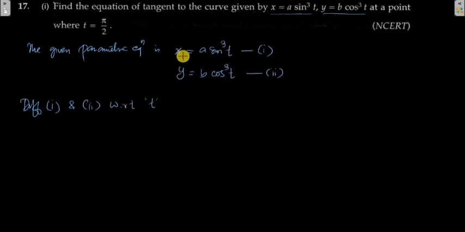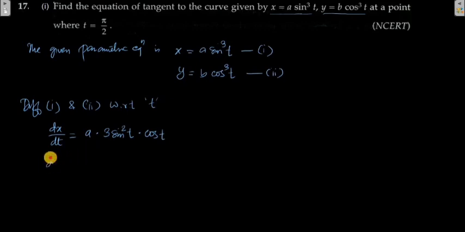First differentiate x with respect to t, you get dx by dt. So a is a constant. Now it is sin cube t. First, for the power you get 3 sin squared t into, now for sin you are going to get cos t. So this is your dx by dt.